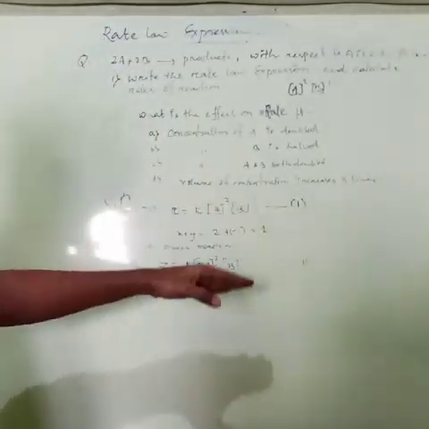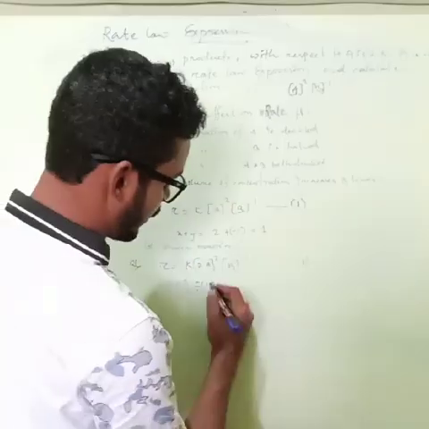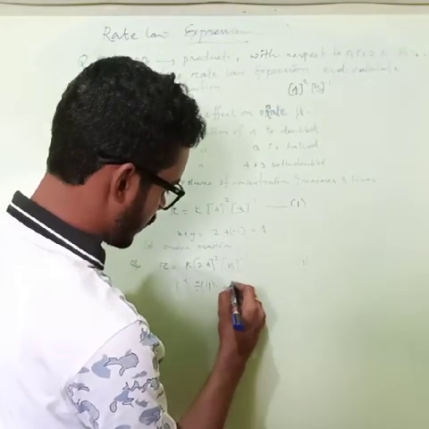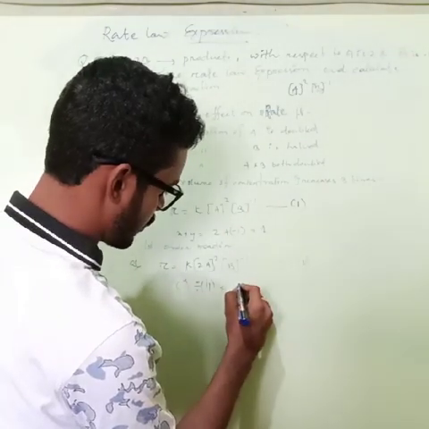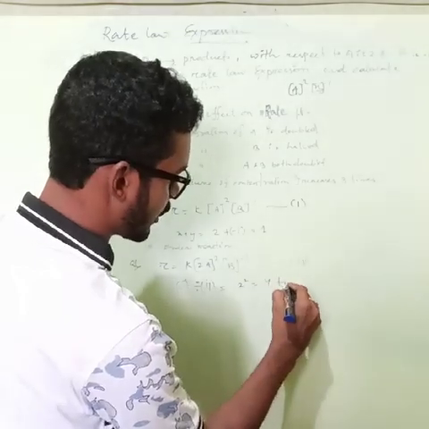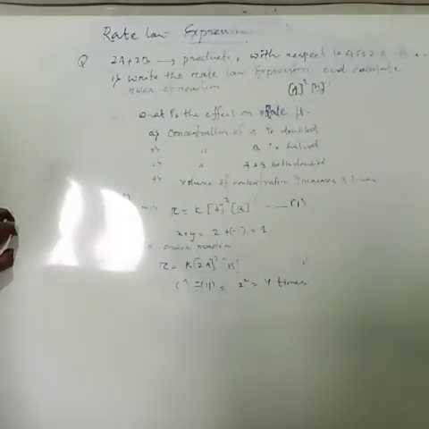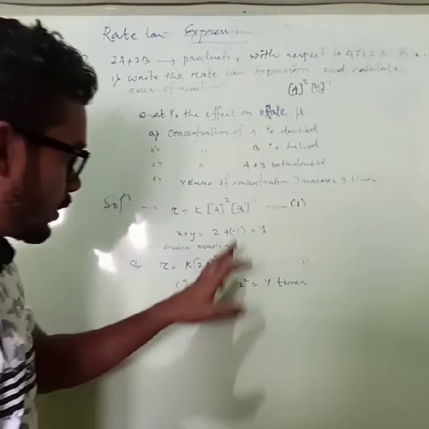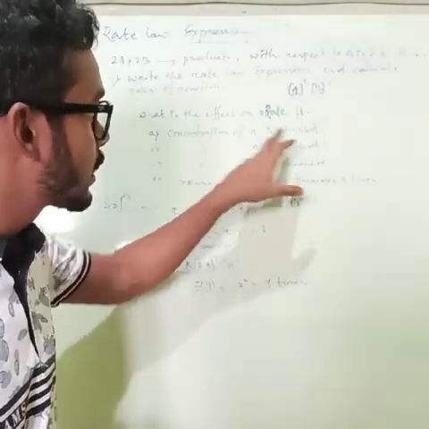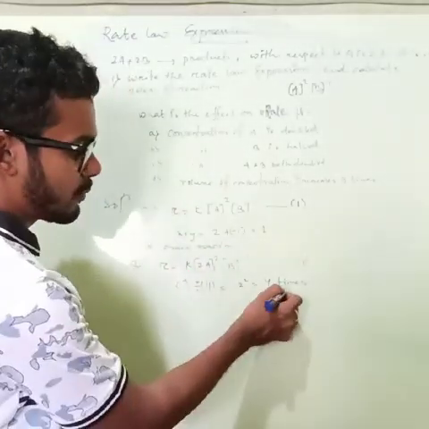Just divide these things, everything will cancel, and you will get 2 to the power 2, which equals 4 times. That means if you double the concentration of A, the rate of reaction will be 4 times.